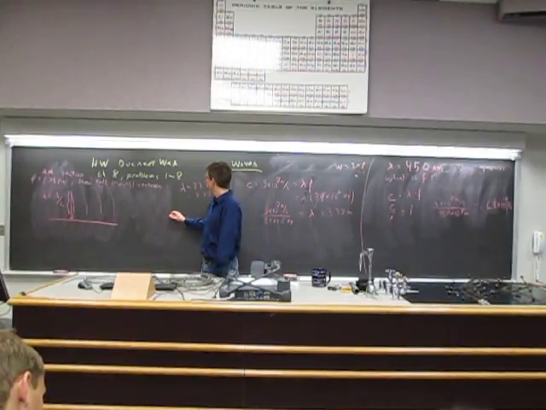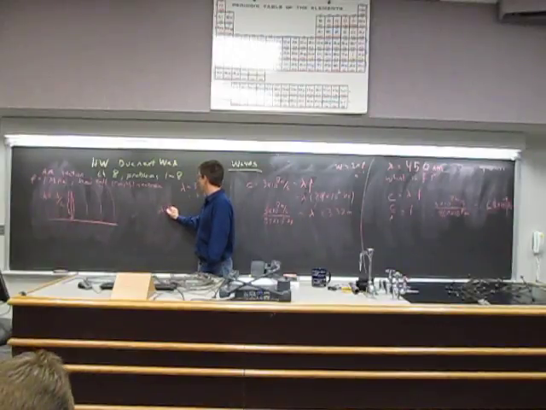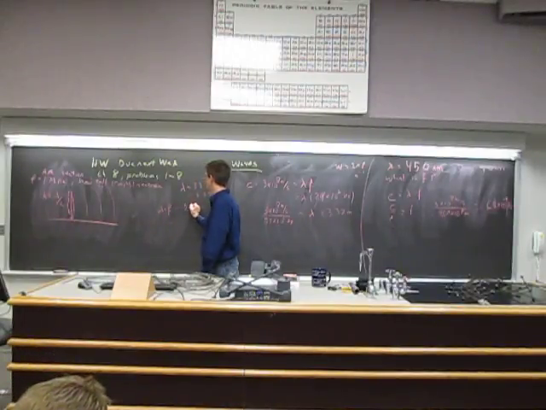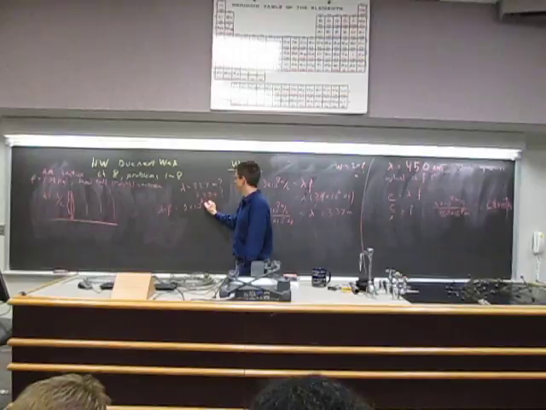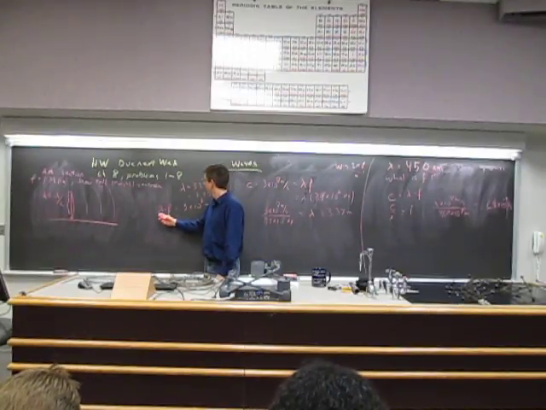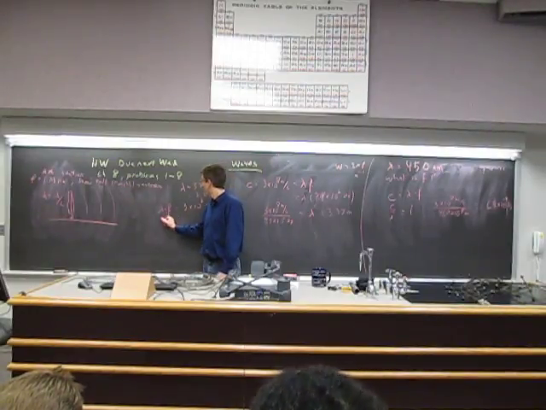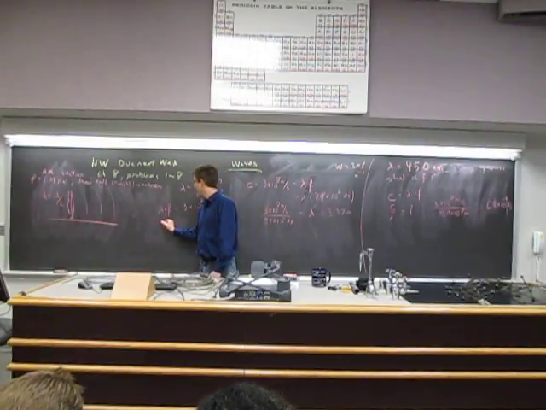So let's go ahead and check this. We have lambda times f equal to 3 times 10 to the 8. Seems to always be the starting point with these. I'm doing 1 megahertz, and I'm interested in lambda.